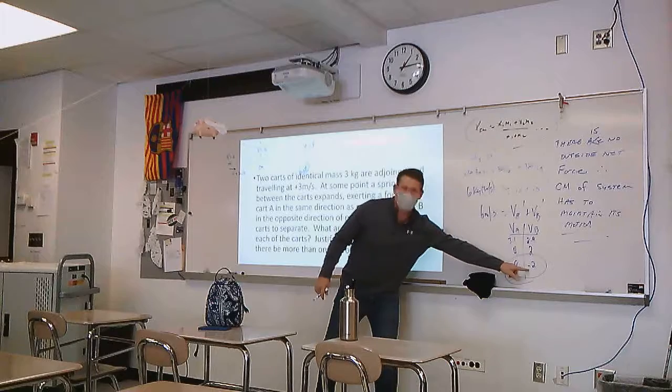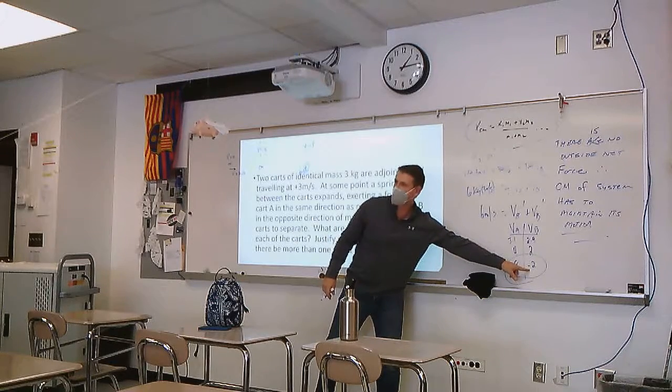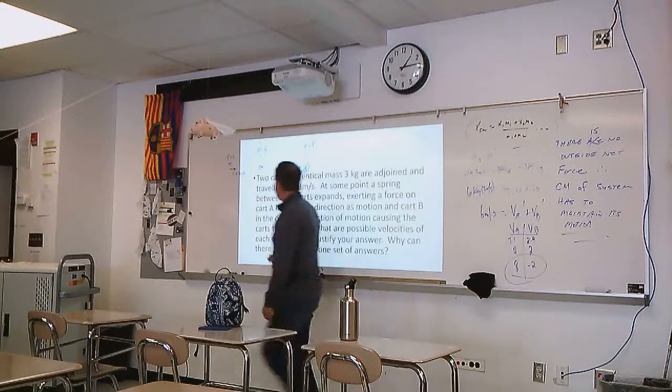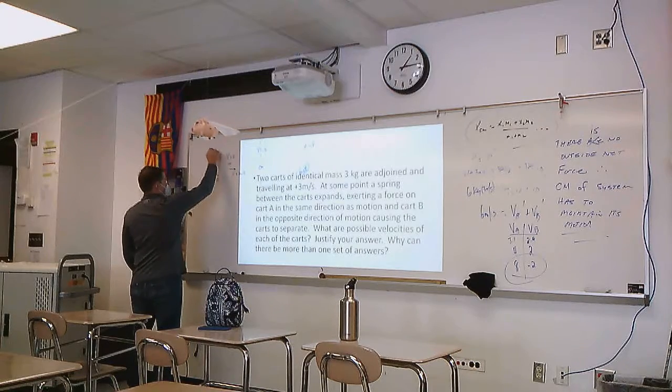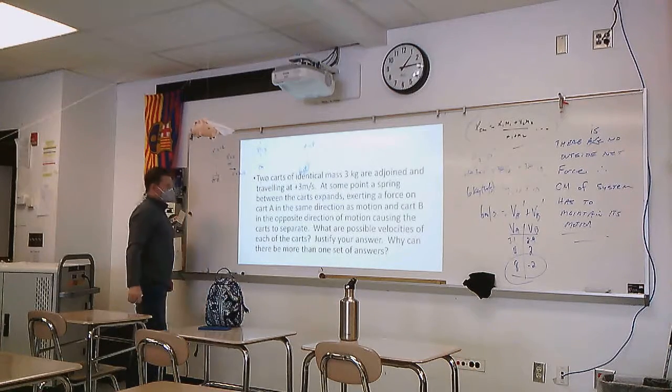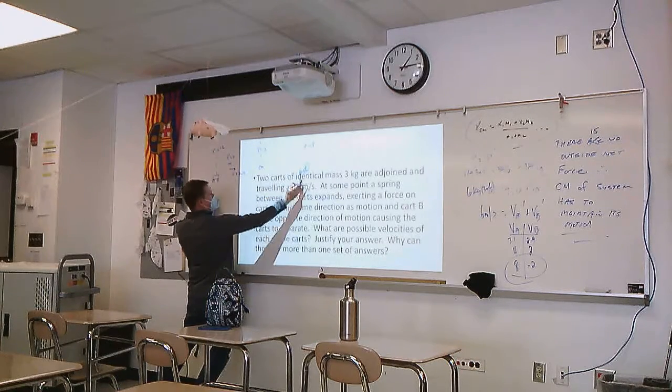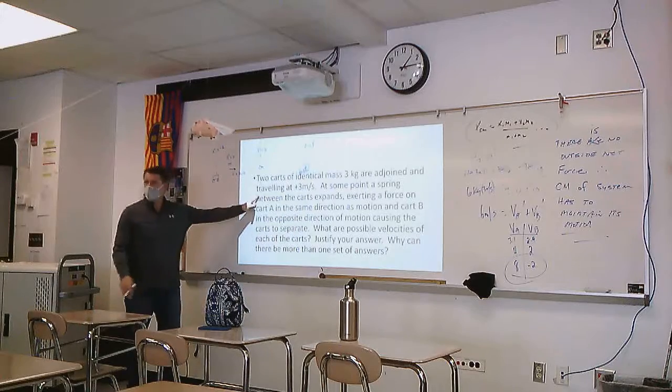Where's cart B going to be located if the plunger goes off at x equals 0? X equals -2. Where's the middle of 8 and -2? 3.